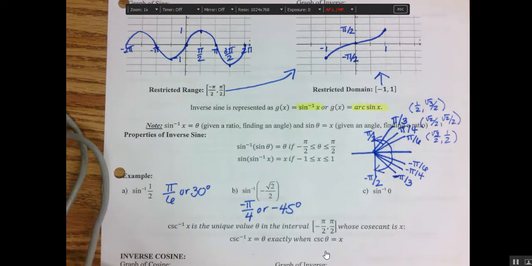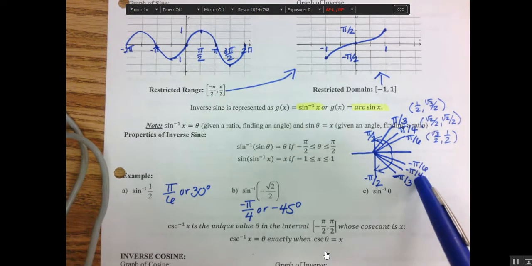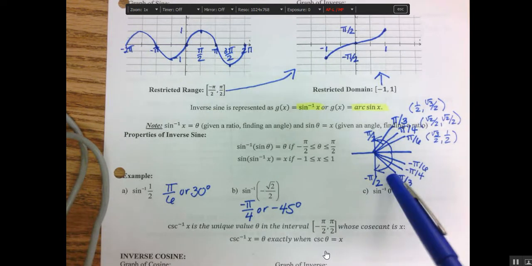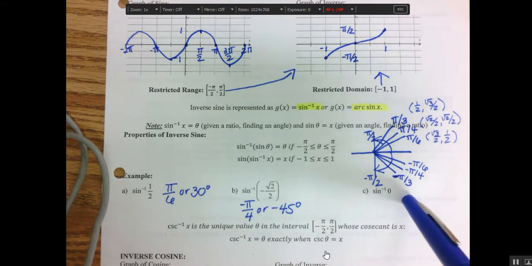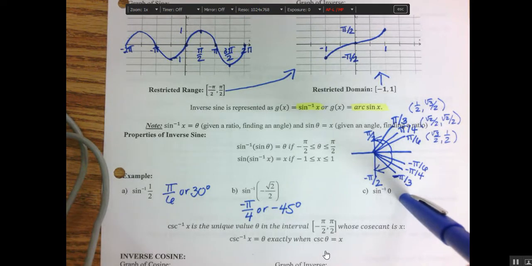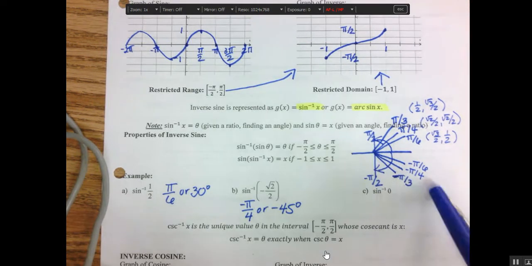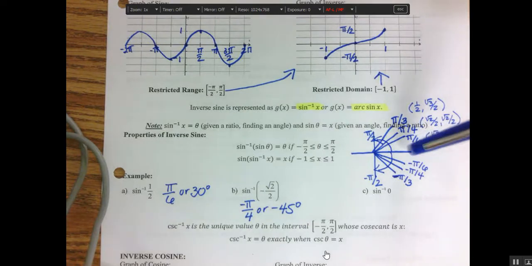So 7 pi over 4 is too big. You have to use that coterminal angle that is back here when you go the other direction, negative pi over 4. Same thing if you wrote 315 degrees. It's also not right. You need to look at that same part of the circle and name it negative 45 degrees when you go backwards.